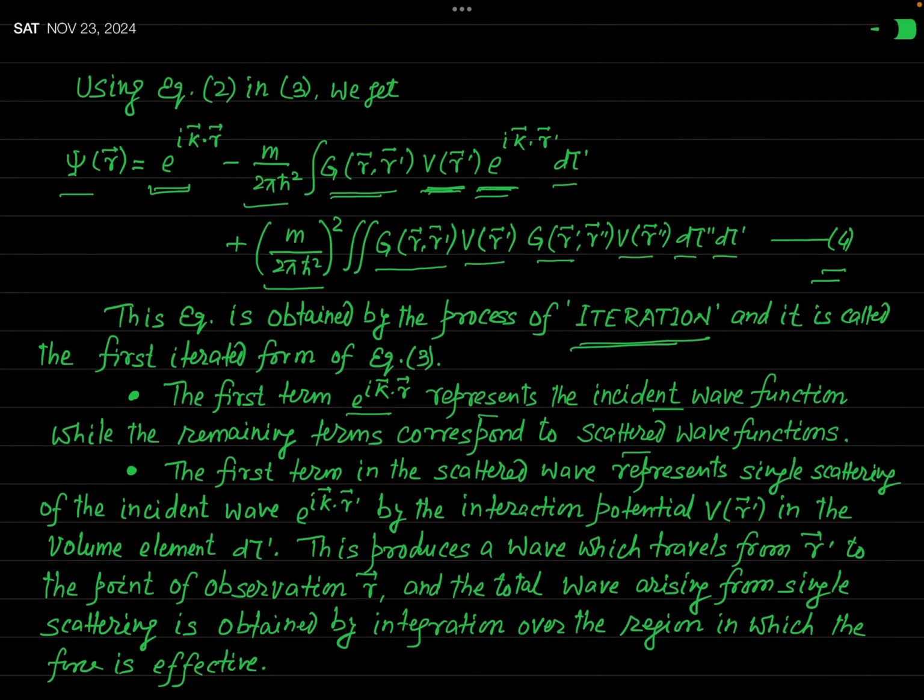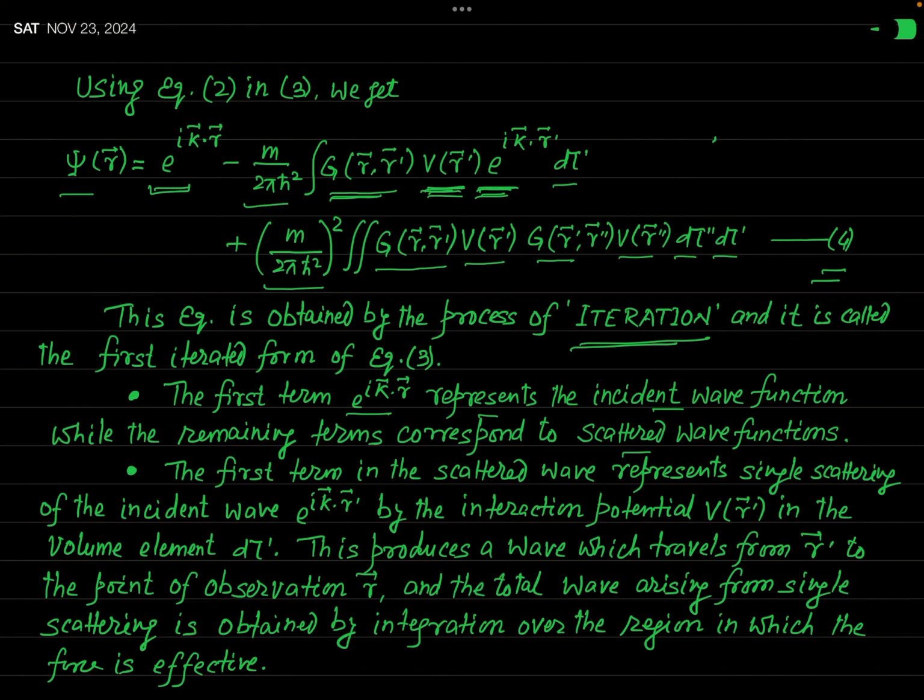Here V of r dash scatters this wave e to the power i k dot r dash, and the scattered wave is G of r comma r dash times V of r dash times e to the power i k dot r dash. Actually, this produces a wave which travels from r dash to the point of observation r.